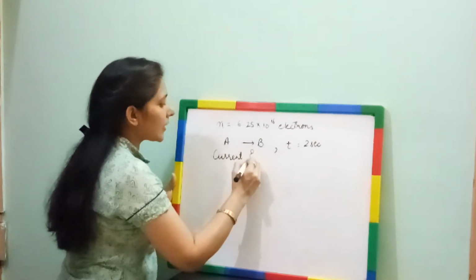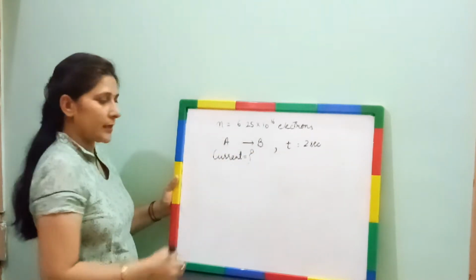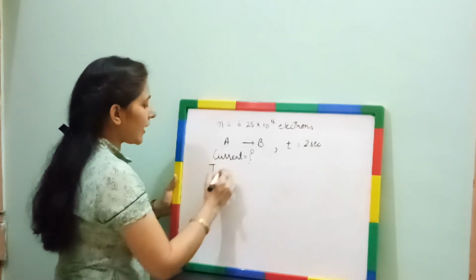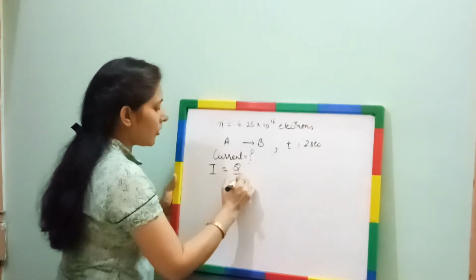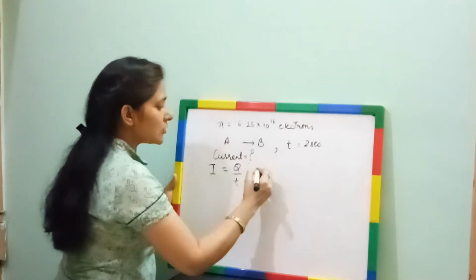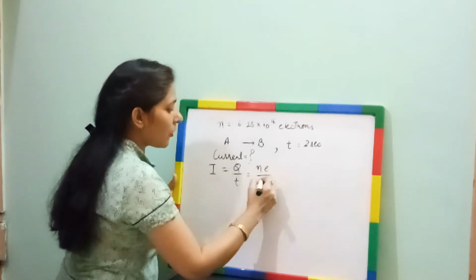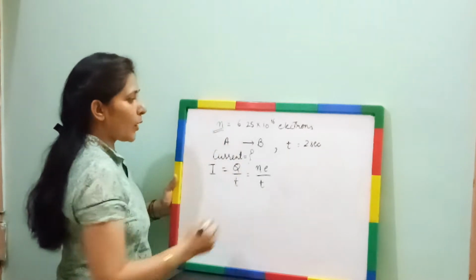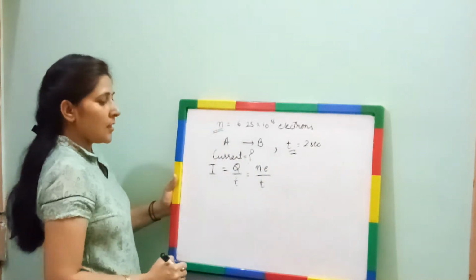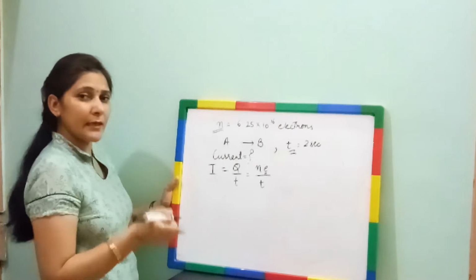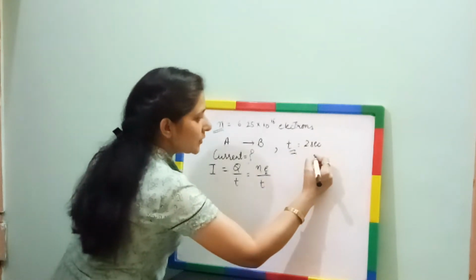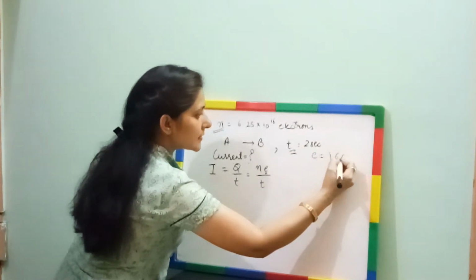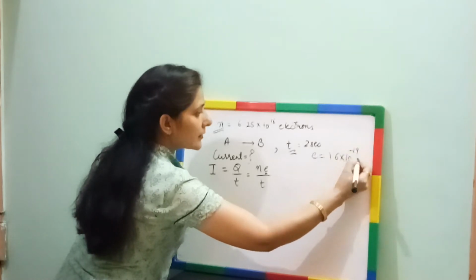What do you need to find out? The current flowing through the conductor. As you are aware, I is equal to charge upon time, where charge can also be written as NE upon T. Here N is given to us, T is given to us, but we need E also, and E, as I told you, the charge on each electron, is 1.6 into 10 raised to the power minus 19 coulomb.